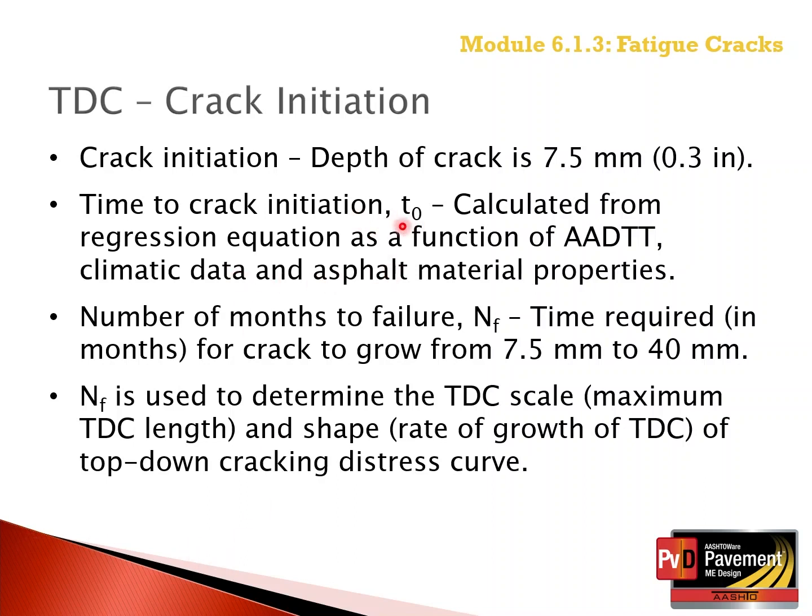So the time to crack initiation, T0, is calculated from a regression equation, which is a function of average annual daily truck traffic, climate data, and asphalt material properties. The number of months to failure is defined as N sub F. In other words, the time required for that surface-initiated crack to grow from 7.5 millimeters, or 0.3 inches, to 40 millimeters, or about 1.5 inches or so.